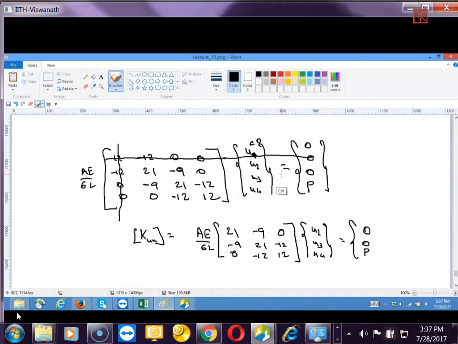Now if you go back and check that this is invertible, you try to invert it, then you can determine your u1, u2 and u3. Let me just do it for you.